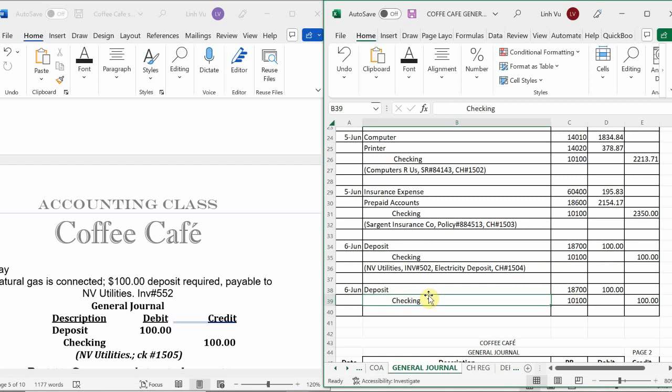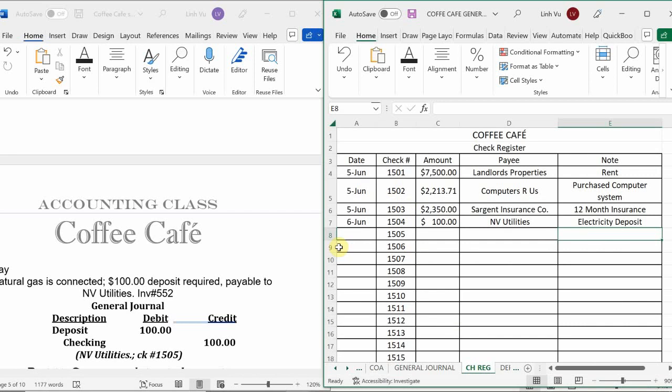Now, in this case, let's go ahead and cut that check so we can find out what check number we are looking at. So in this case, check number 1505 for another $100 to NV Utilities, but this time it's for natural gas.